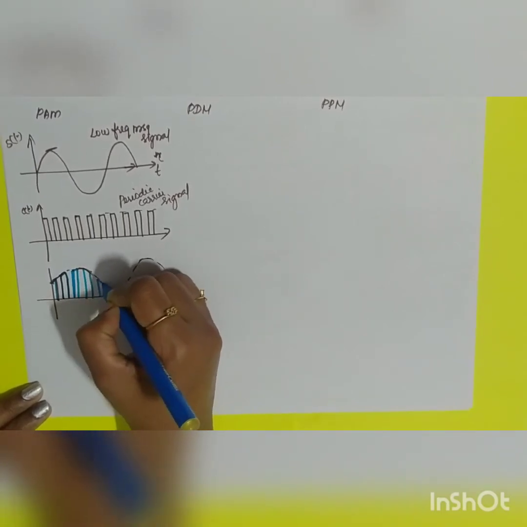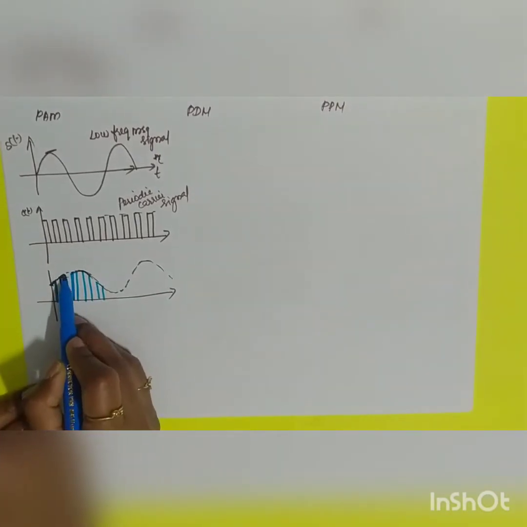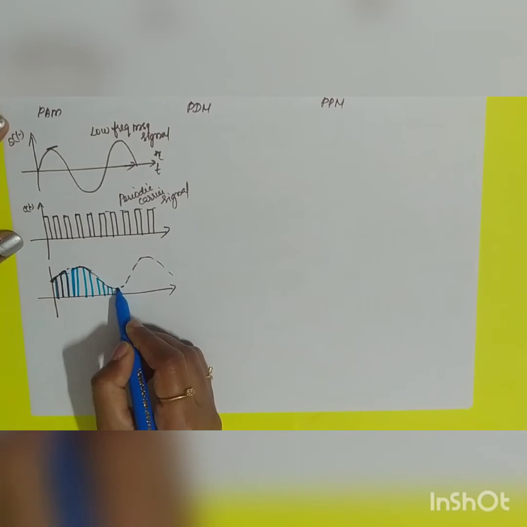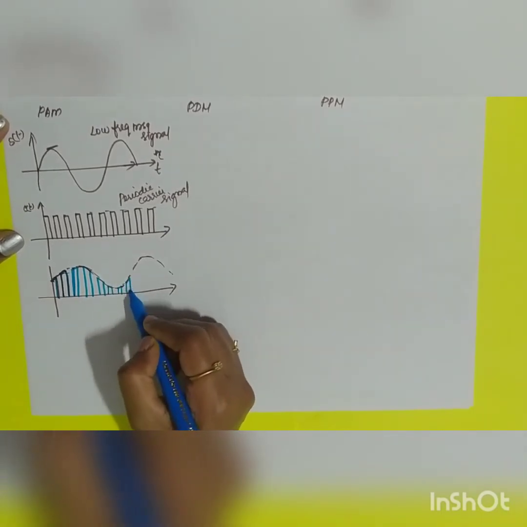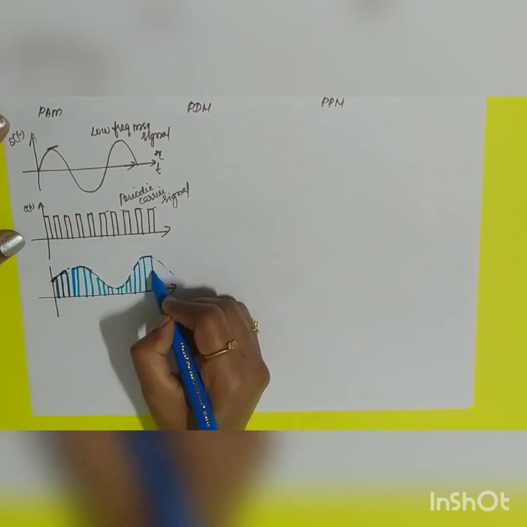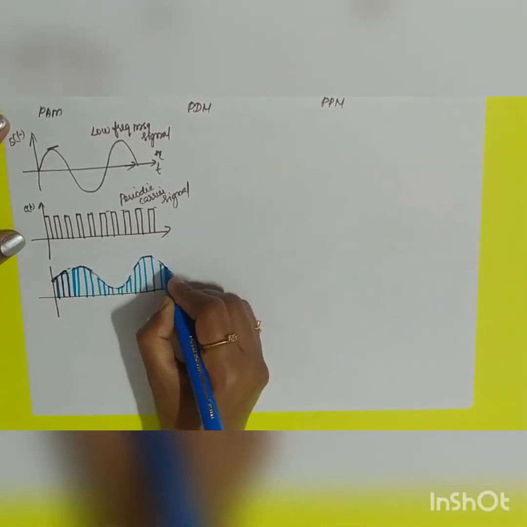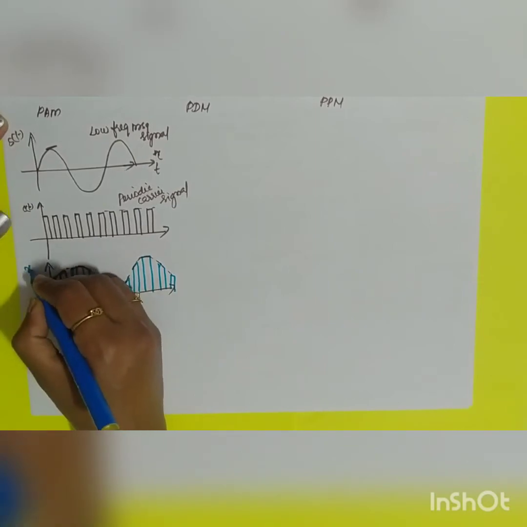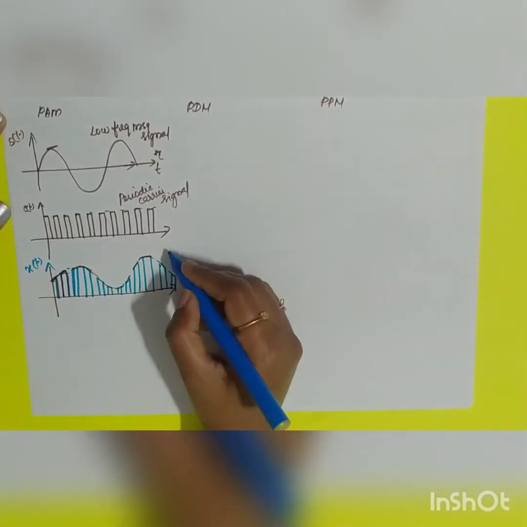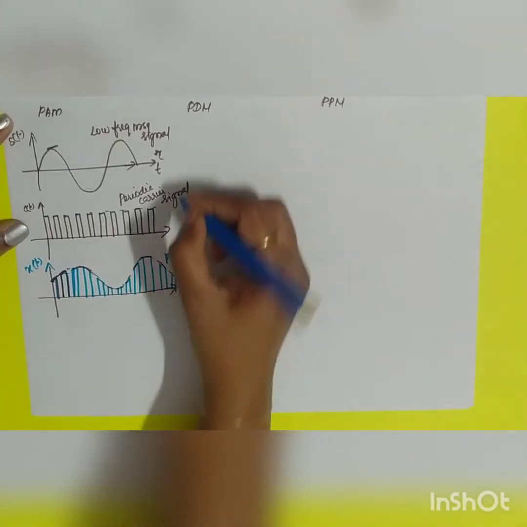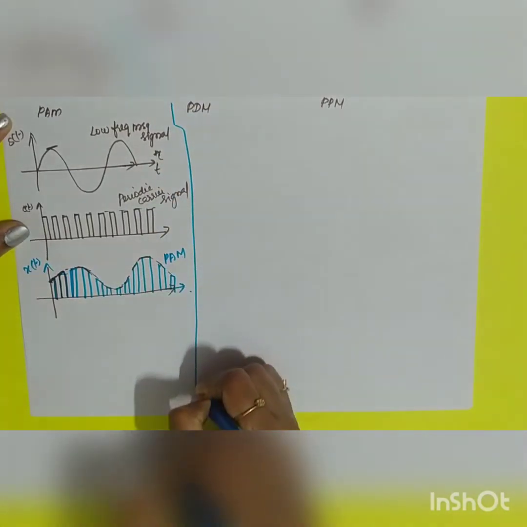You can make this point flat by using another circuit that is called your sample and hold circuit. So this is the direct waveform without your sample and hold circuit. So this will be your modulated wave, x of t, PAM, pulse amplitude modulation.